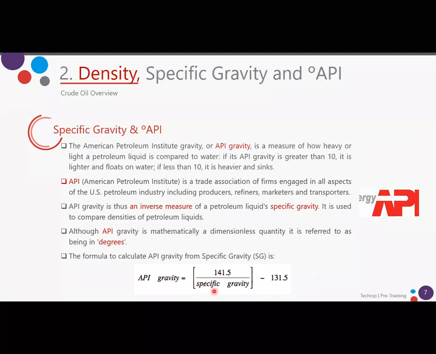As you can see, if you have a lower number here, you will have a higher number here. That's why it's the inverse. If you have a low specific gravity, you have a higher API gravity.